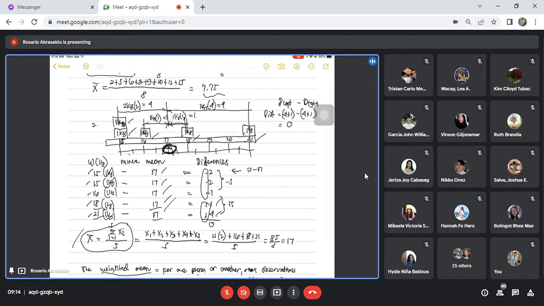So here, I drew the mean balance with different points, locations 15, 16, 17, 18, 19, 20, 21. And then, if you are going to place 1 kilogram at point 15, another 1 kilogram is placed on top of it.